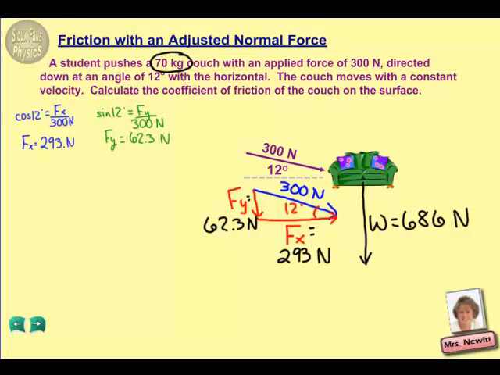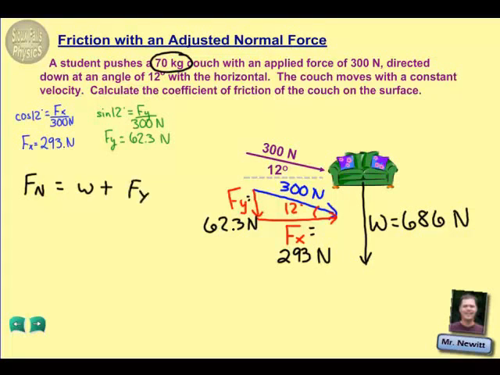Now we're ready to do some work as far as finding the normal force. To find the normal force, we have to consider two factors: the weight of the couch and the amount of force that is being pushed in the downward direction as a result of the student. So our normal force now is going to equal the weight plus our F sub y.